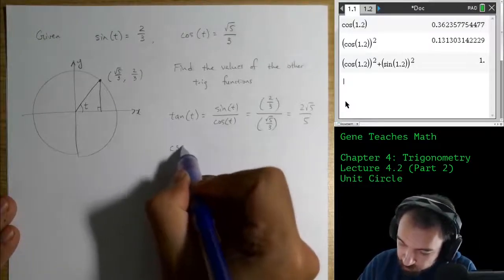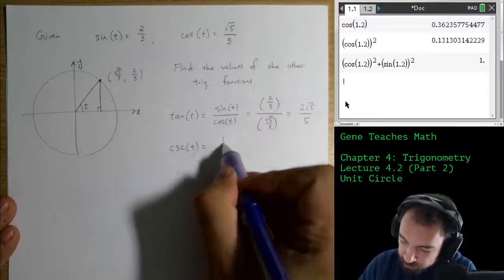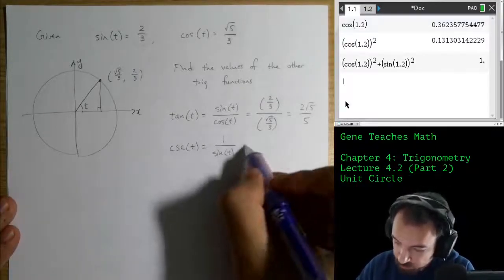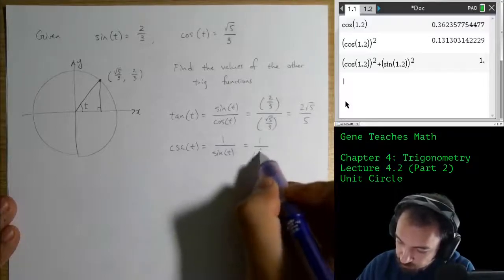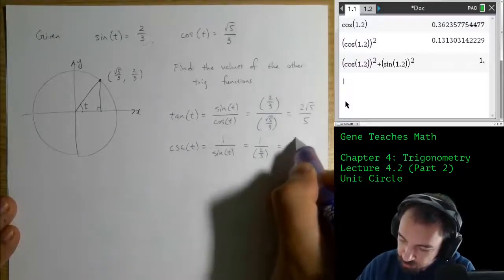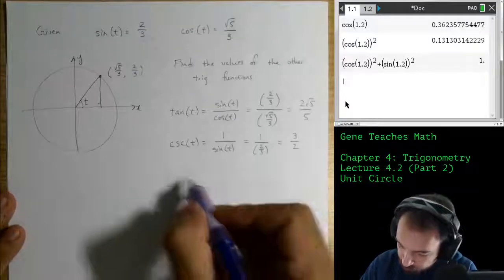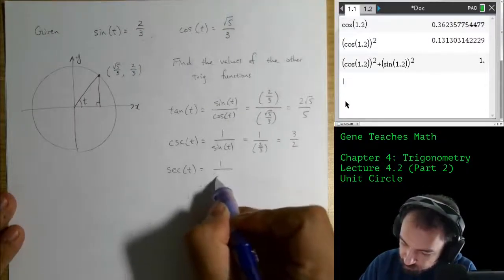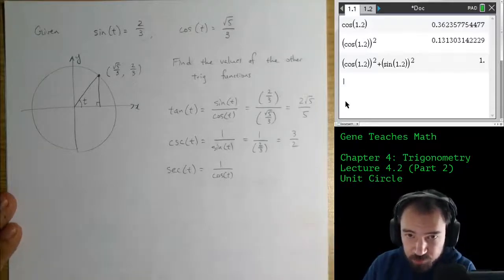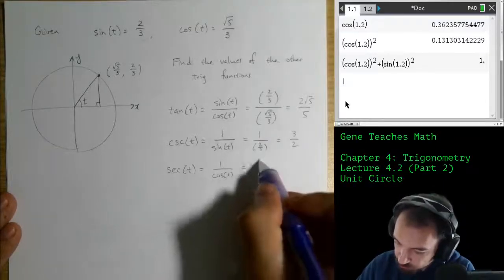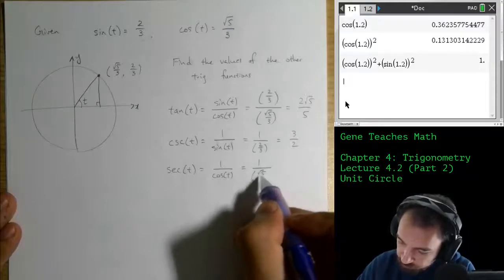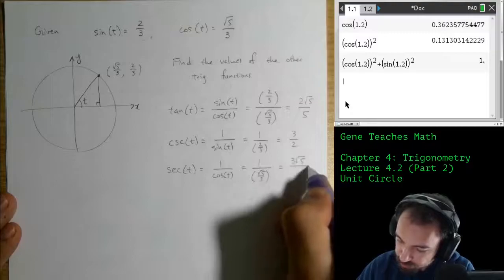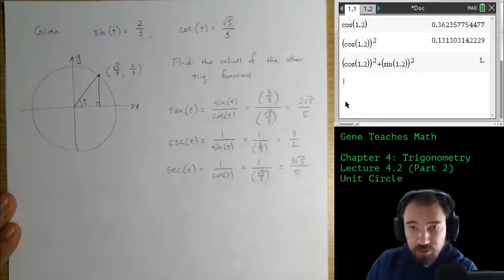If we want to know cosecant of t, this, by definition, is the reciprocal of sine of t, which means this is 1 over 2/3, also known as 3/2. We can say secant t is 1 over cosine of t, because secant is the reciprocal of cosine, and that will be 1 over root 5 divided by 3, and if we rationalize the denominator, it should turn out to be this.